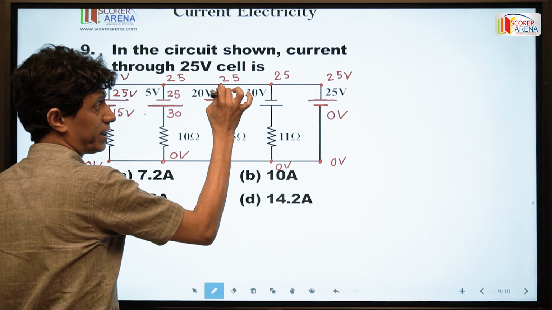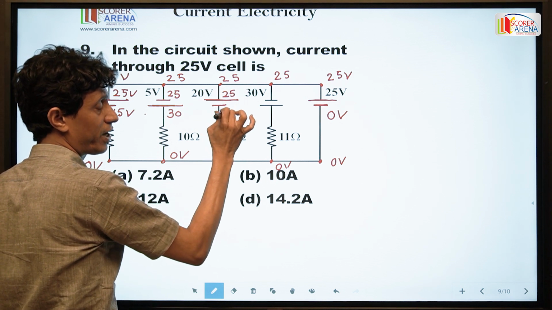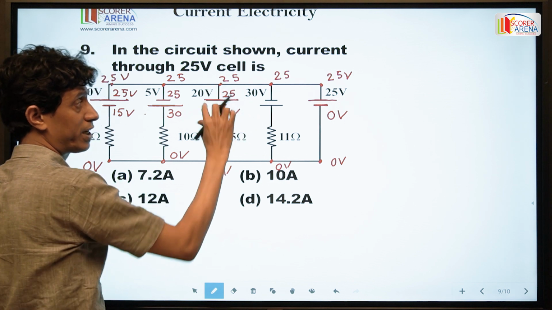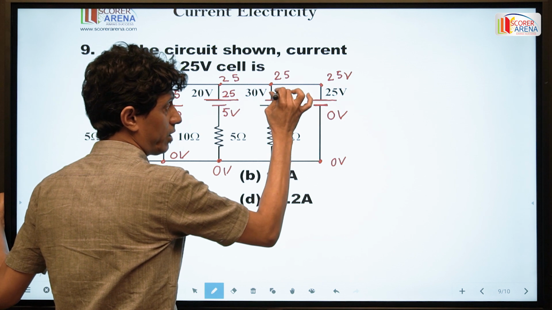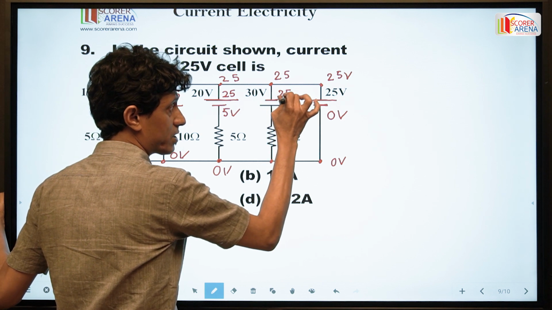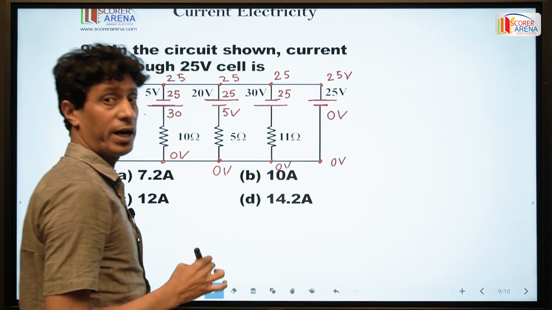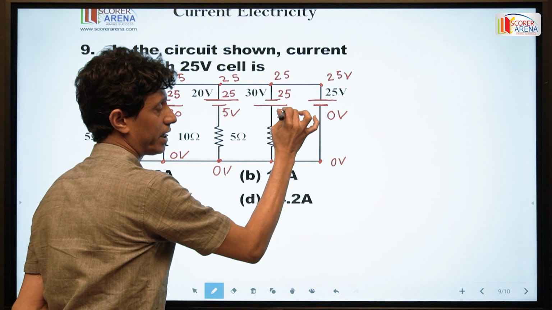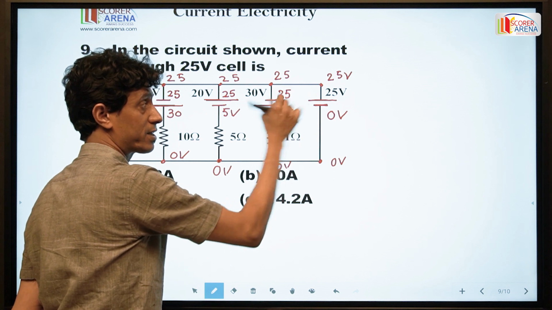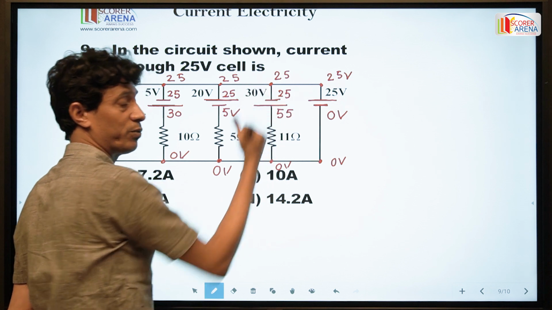If this plate is 25, then the potential of this plate is 5 volt, as the potential difference is 20 volt. If the plate is 25, then the plate having higher potential should be 55, because 55 minus 25 is 30 volt.